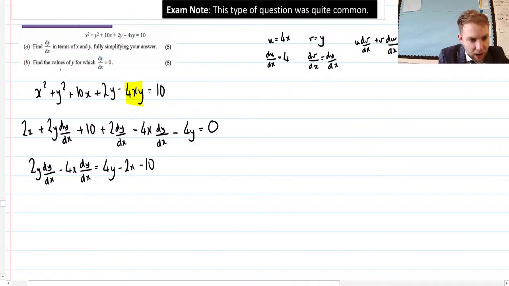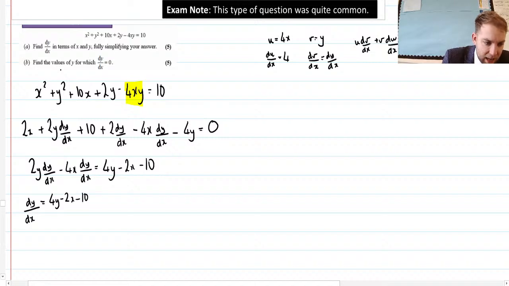Let's take the dy by dx out and then divide by it. So dy by dx is equal to 4y minus 2x minus 10 all over 2y minus 4y. So there's my dy by dx. That's part A.